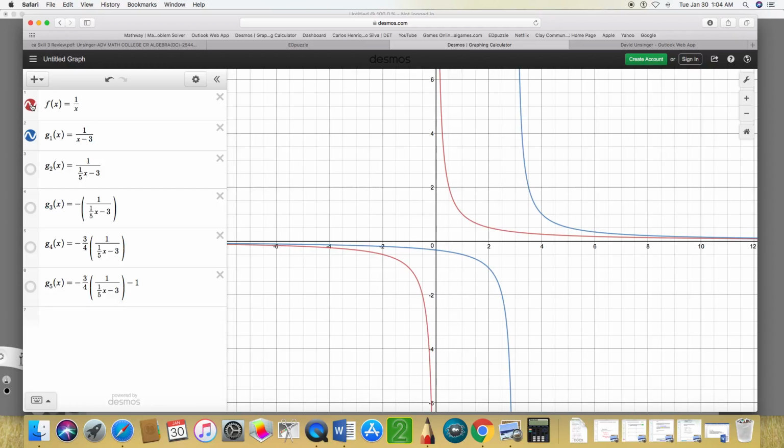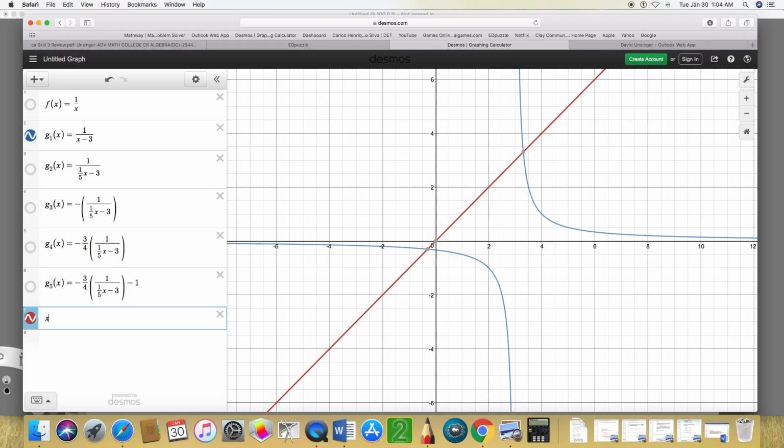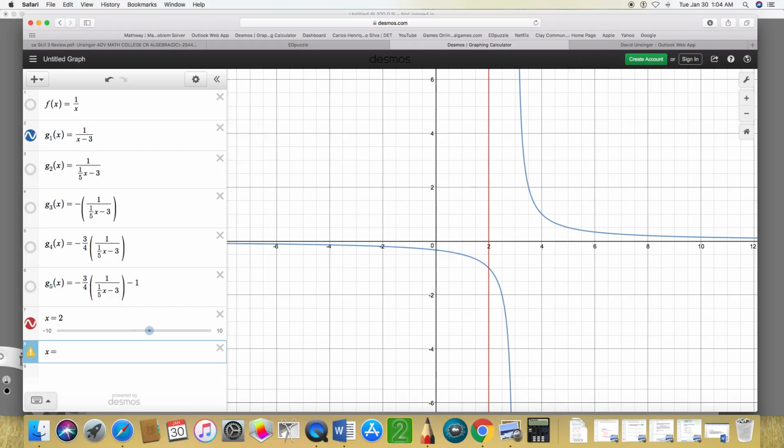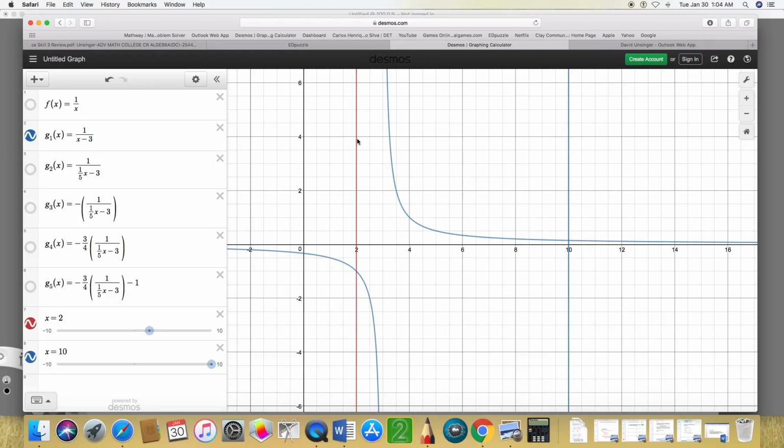And now we want to work from this graph, and we want to horizontally stretch it by a factor of 5. So this vertical asymptote that is here at x equals 2 is going to get stretched to x equals 10. So we're going to see this graph that's in blue.